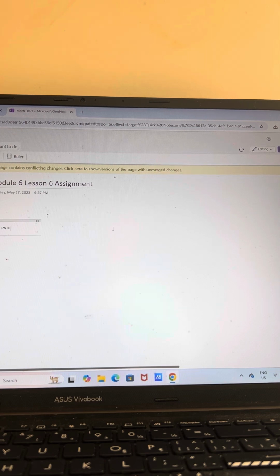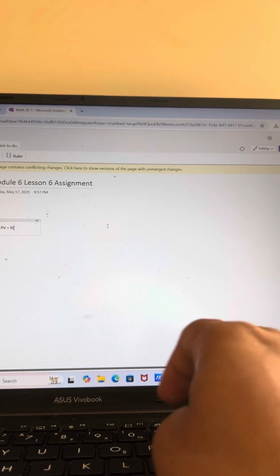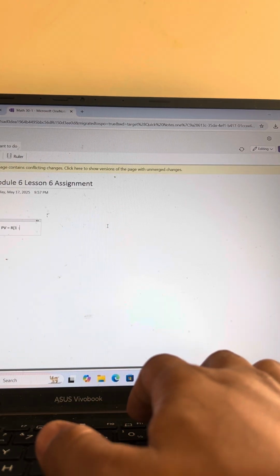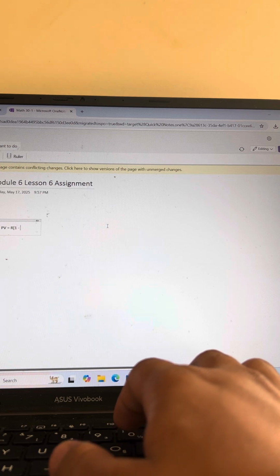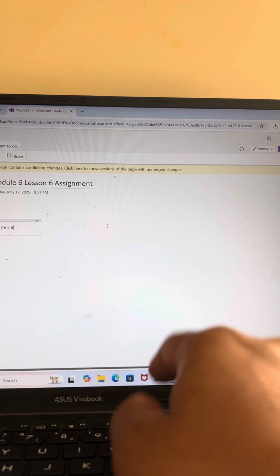So here's our formula. PV is equal to R times 1 minus 1 plus I to the power of negative N, all divided by I. Actually, you know what?